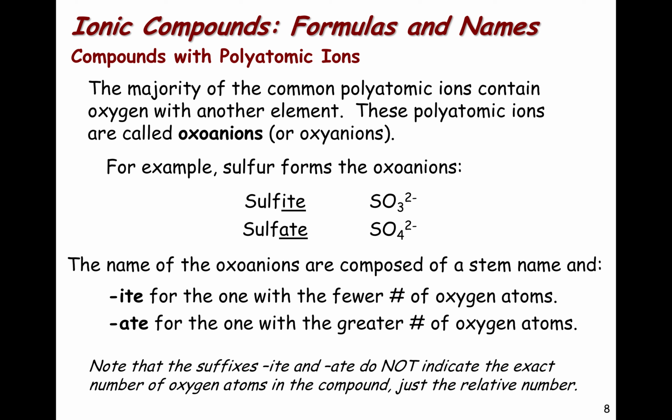Those will be the ate ions. If there is 1 less oxygen, that would be ite. Whereas if the element is in the third period of the main group, then the maximum number of oxygens will be 4. Those will be the ate, and 1 less, in this case 3, would be ite.